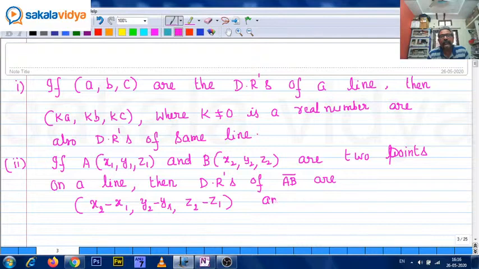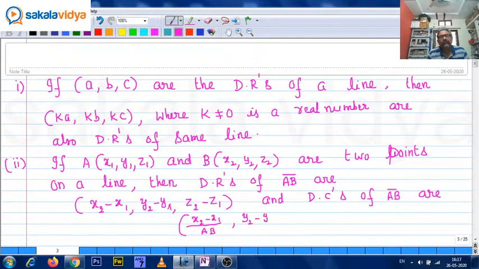Direction cosines of AB are x2 minus x1 by the distance AB, comma y2 minus y1 by AB, next z2 minus z1 by AB, because AB is equal to root of x2 minus x1 square plus y2 minus y1 square plus z2 minus z1 square. Understood now? Okay. Right.